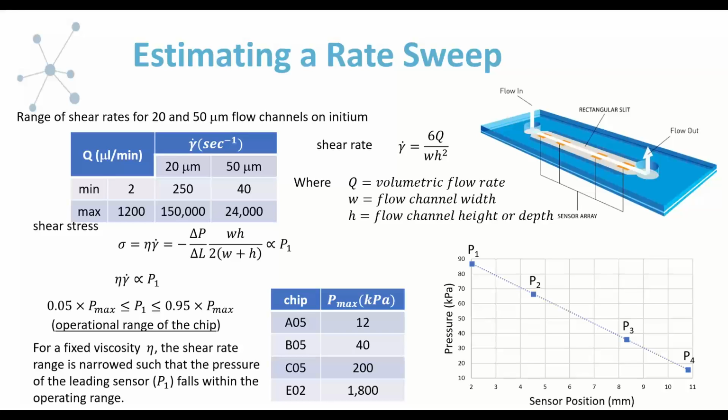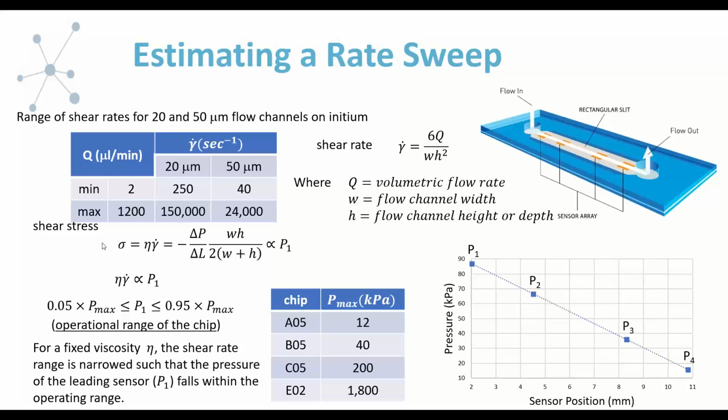And this, again, is completely dependent on the samples that you choose because of this relationship here with pressure sensor 1, or the leading pressure sensor. This is the pressure sensor that will overpressure first because it will experience the highest pressure along the flow channel.